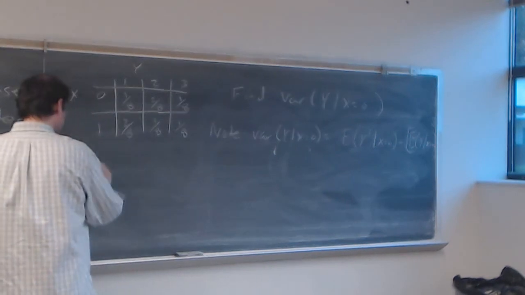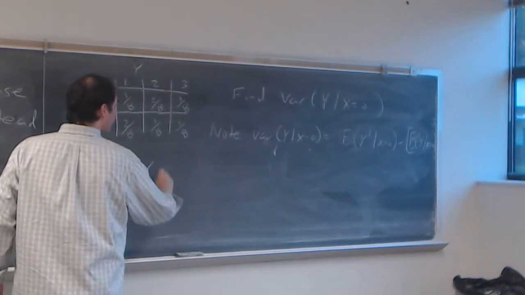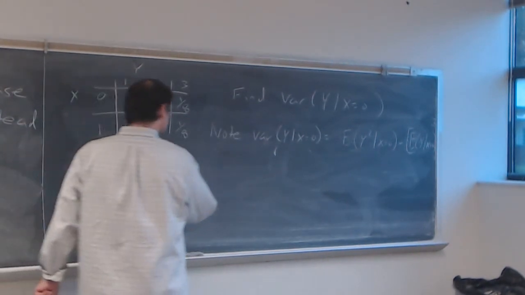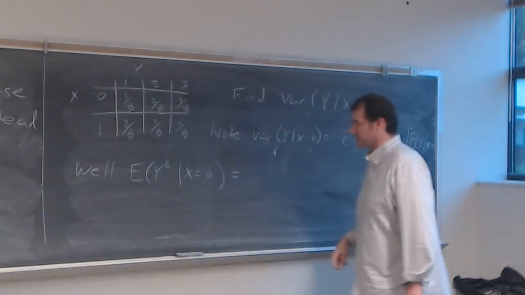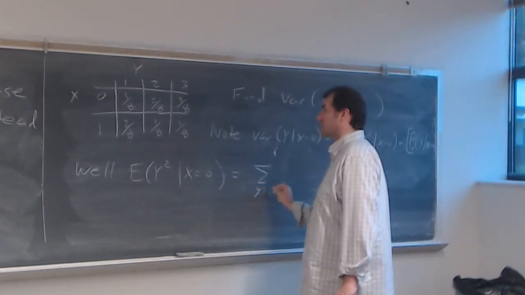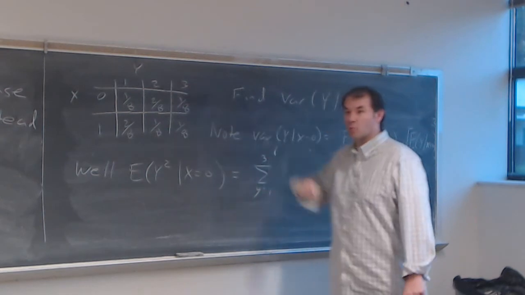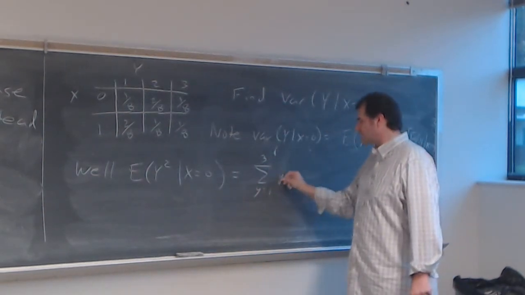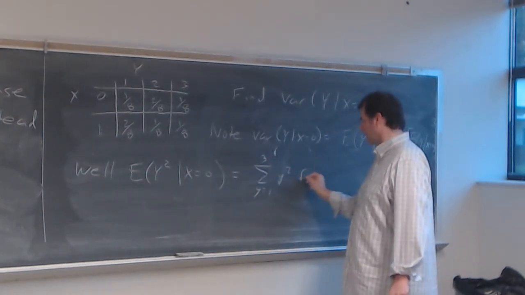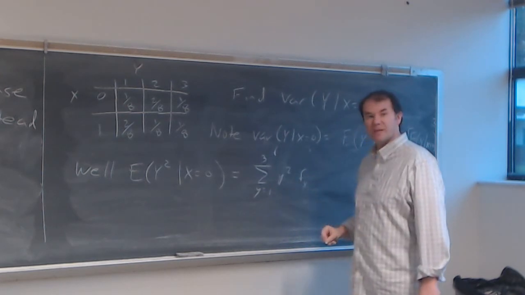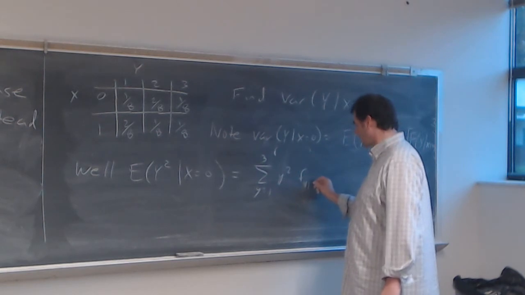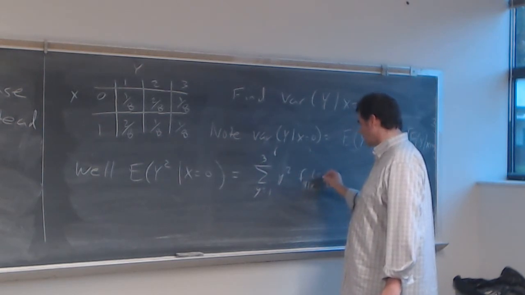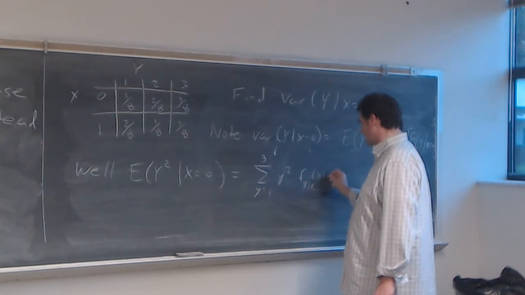Well, the expected value of y squared given x equal to 0. This is a discrete case. So we would sum over all y values, y runs from 1 to 3, of y squared times the conditional PMF of y given x equal to 0.